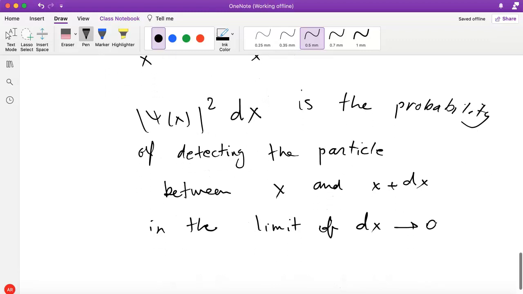So psi squared itself is called the probability density.